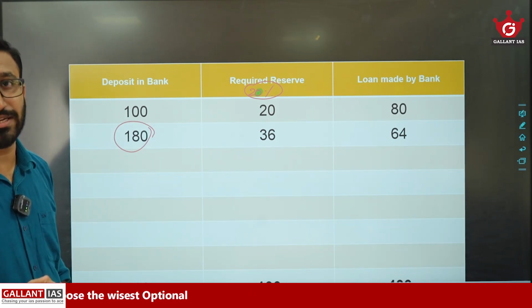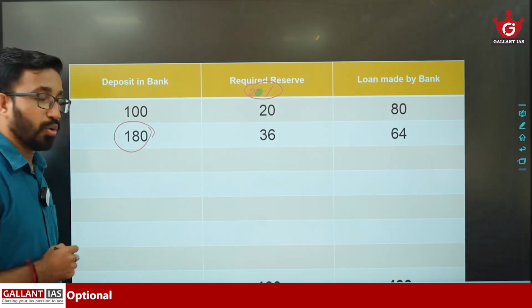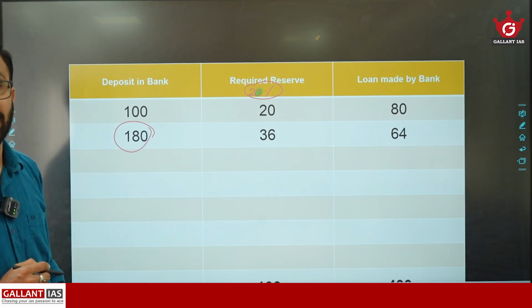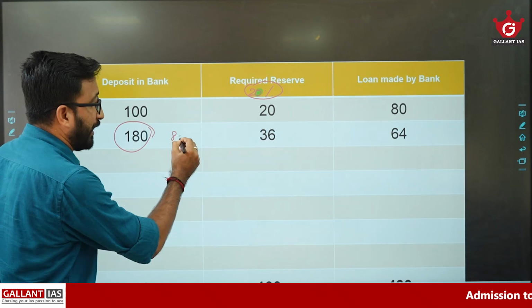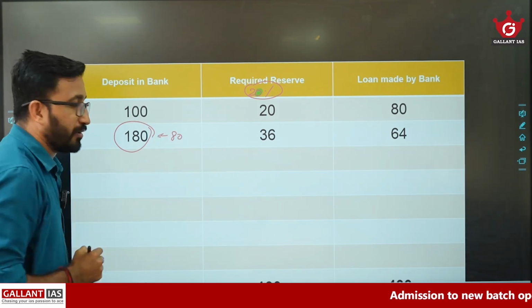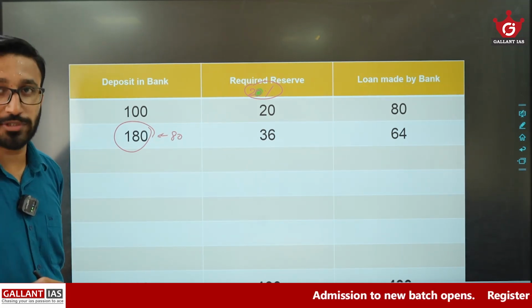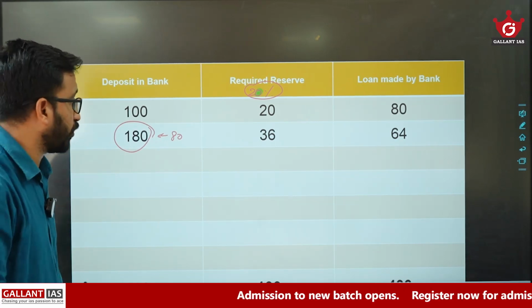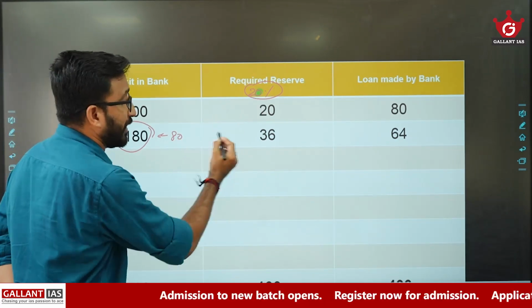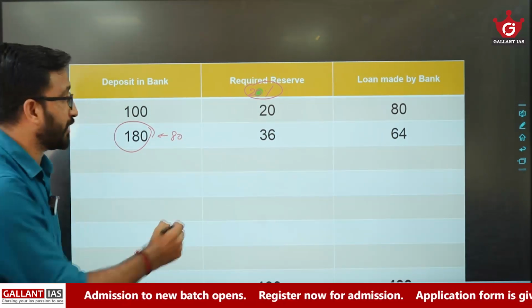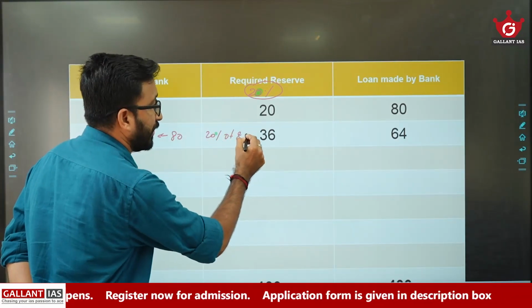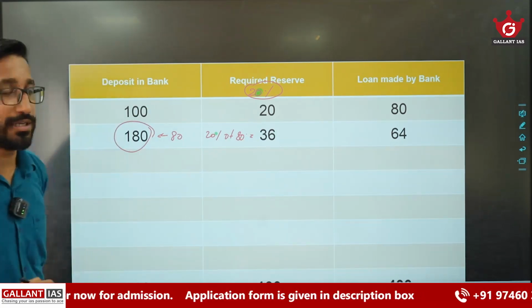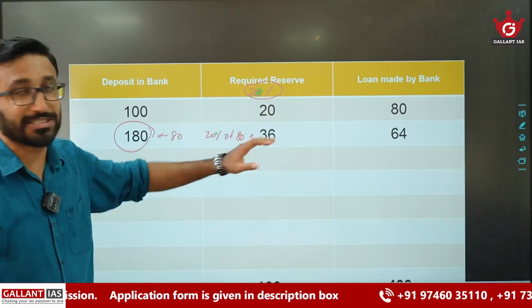So right now the deposit will become 100 plus 80. 100 plus 80 is the new deposit in the bank. And only 80 rupees came in as new deposit, right? So 20% of the 80 rupees, that is 16 rupees, is set aside as required reserve.